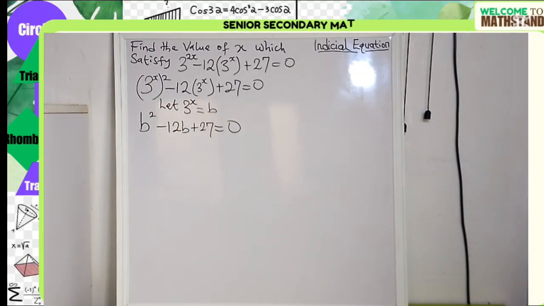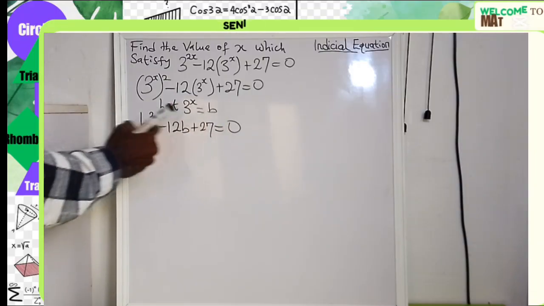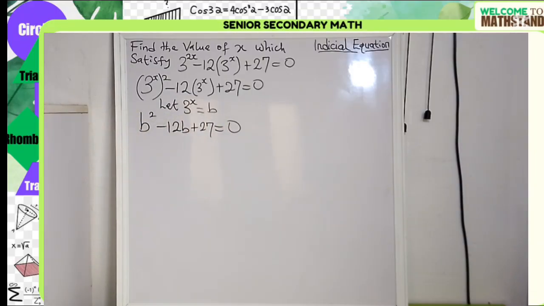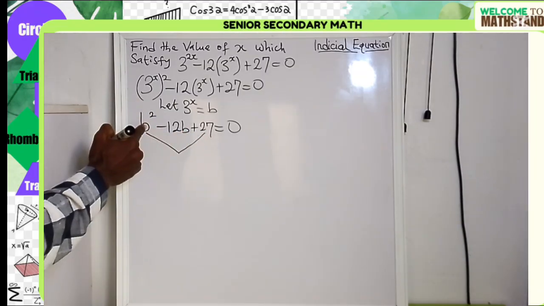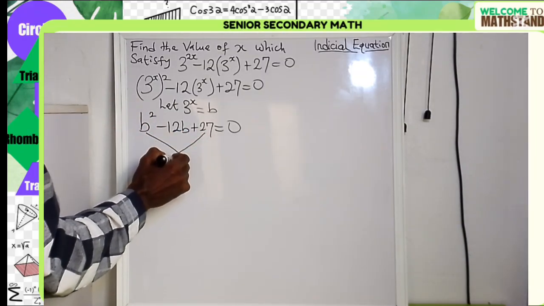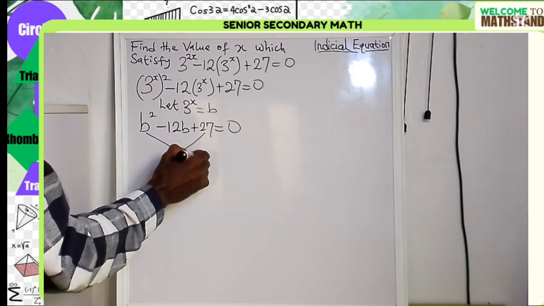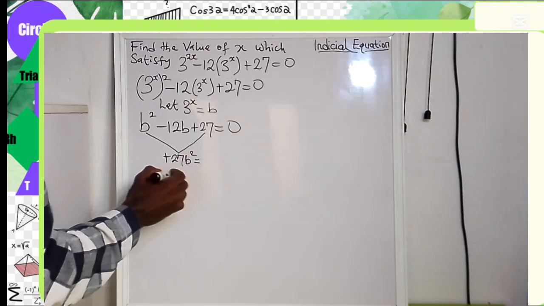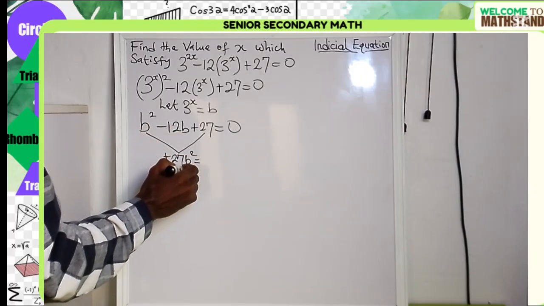Now, at this point, we need to solve this quadratic equation. The first term multiplied by the last term gives 27b square, and the middle term is minus 12b.